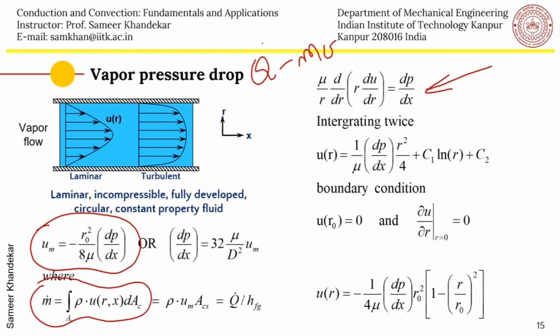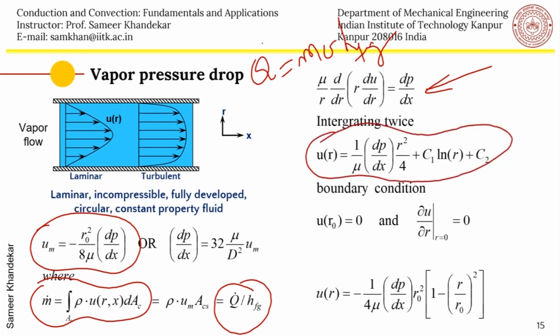We can assume that no slip is there, so that we can get a good answer, which will be more or less correct also, because although there may be some slip, the vapor is actually not touching the wall, but it is touching the liquid saturated porous media. So once you know the velocity of the vapor, then you can get the pressure drop because of the vapor.